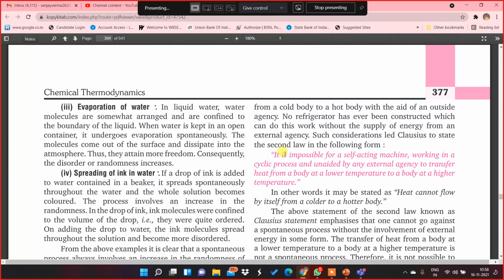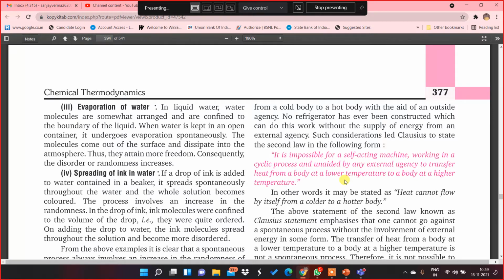It is impossible for a self-acting machine working in a cyclic process, and remember the word cyclic becomes important here, and unaided by an external agency, to transfer heat from a body at lower temperature to a body at higher temperature.